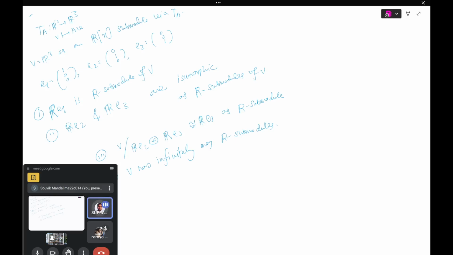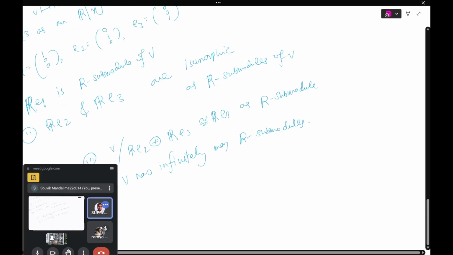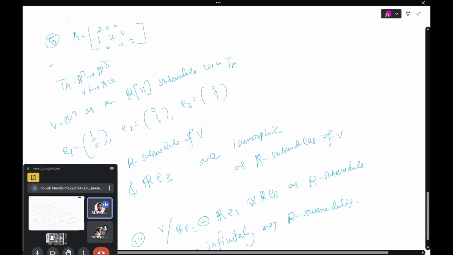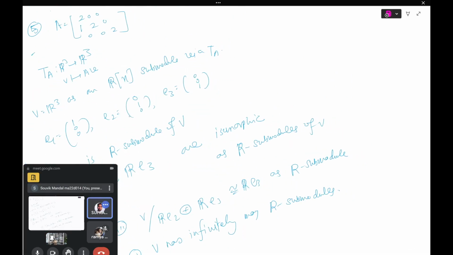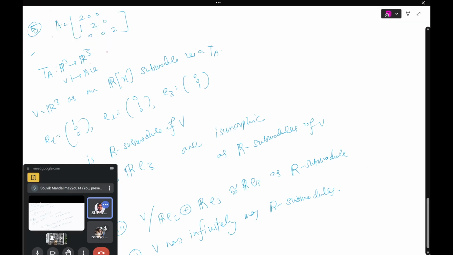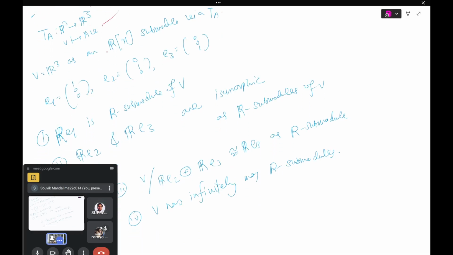Sir, the question is not completely visible to me. Okay. So matrix A is given, 2 0 0, 1 2 0, 0 0 2, and the linear transformation is also given, and V is R3 which is an Rx submodule via the map.